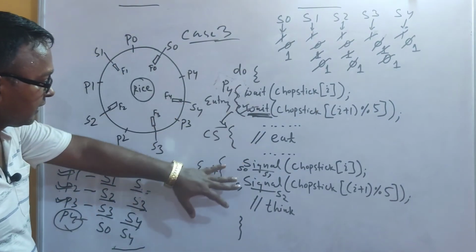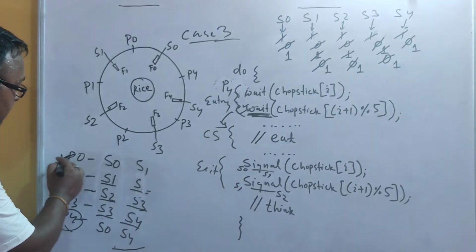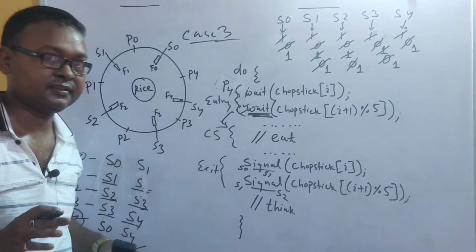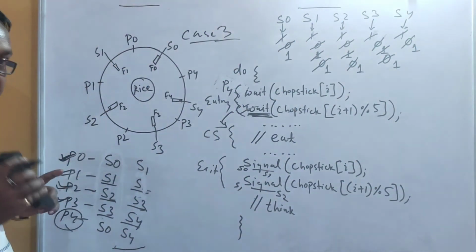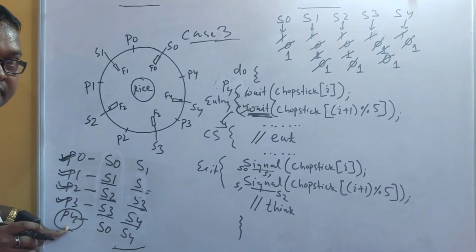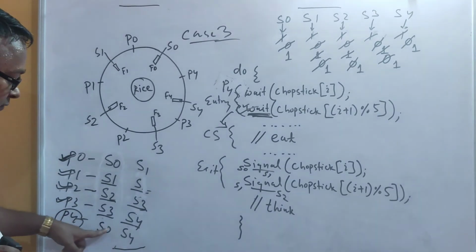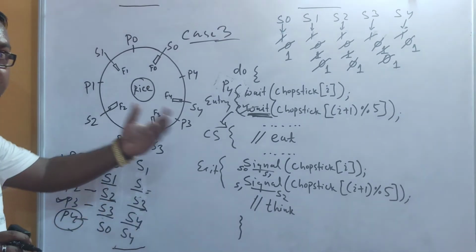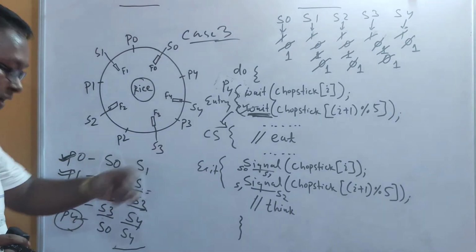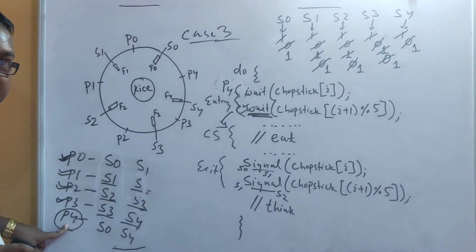So right now P0 has also completed its eating activities, right? So right now which one is left out? P4 was blocked because of the reversing of code to get the solution, right? So now P4 can enter and eat the rice.